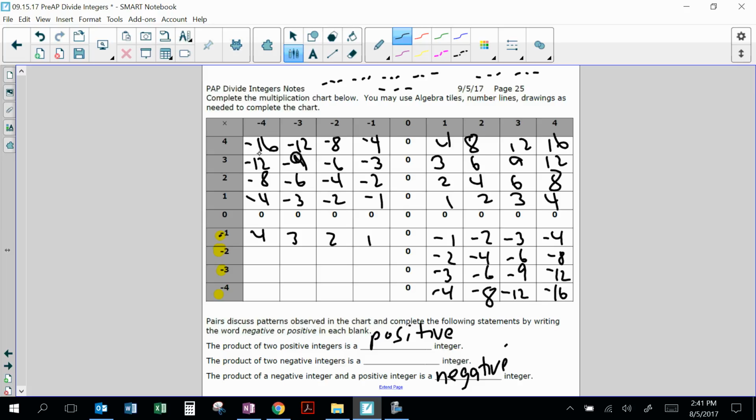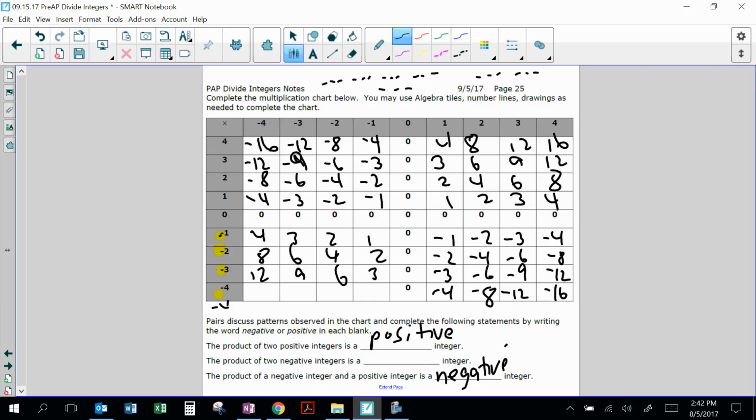Opposite of a negative is positive, 2 times 4 is 8. 2 times 3 is 6. 2 times 2 is 4. 2 times 1 is 2. Opposite of a negative is positive, 3 times 4 is 12, 3 times 3 is 9, positive 6, and 3.